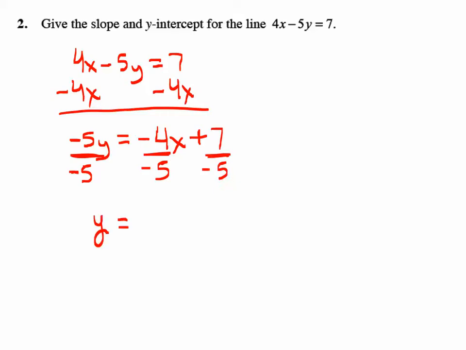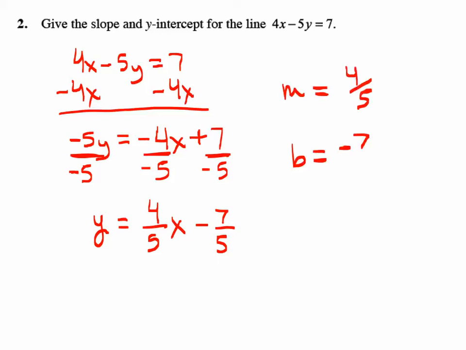And so then I'm left with a positive 4/5 x minus 7/5. Alright, so the slope is 4/5. The b value is negative 7/5. The sign goes with the number.